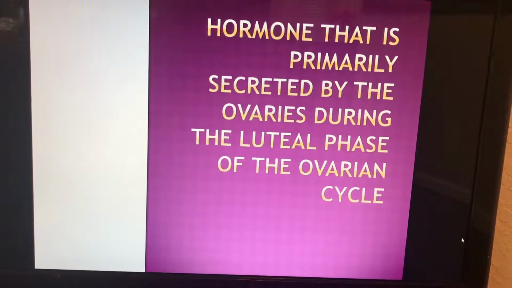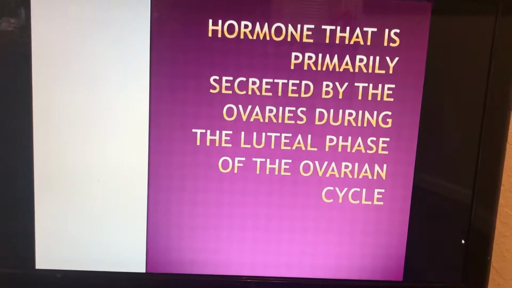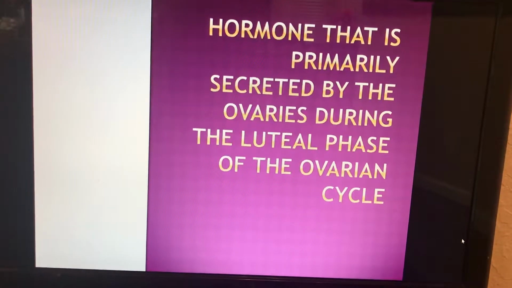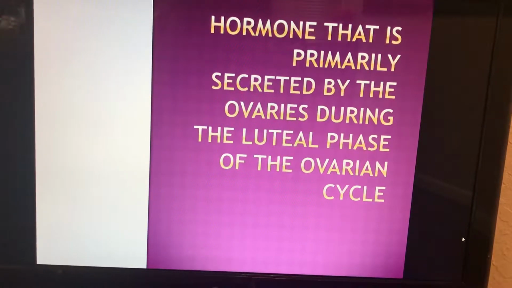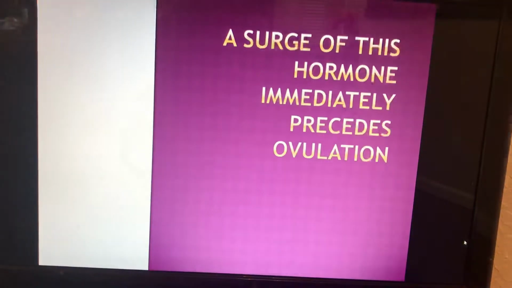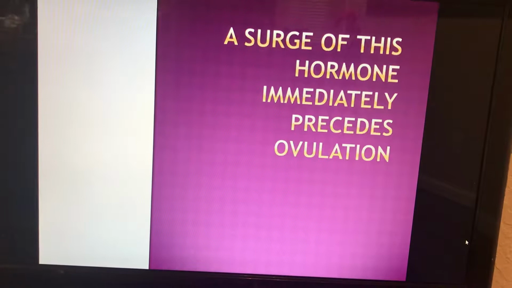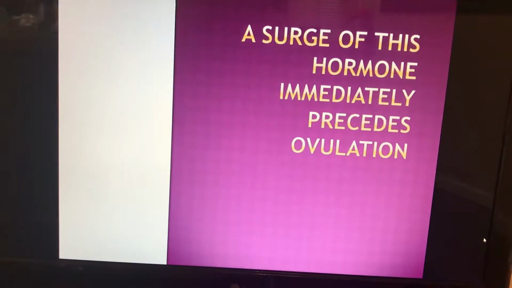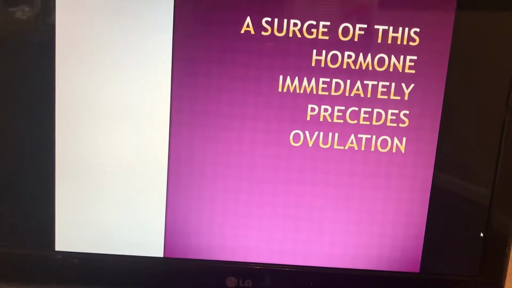Hormone that is primarily secreted by the ovaries during the luteal phase of the ovarian cycle. Progesterone. A surge of this hormone immediately precedes ovulation. LH.